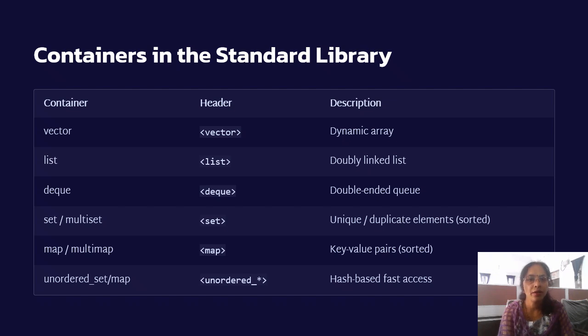Examples are vector, used as a dynamic array, list, a doubly linked list, and deque, a double-ended queue. These are all data structure concepts. Then set, multiset, which allows duplicates, and map, used for key-value pairs, and unordered set and map, which use hash-based fast access.